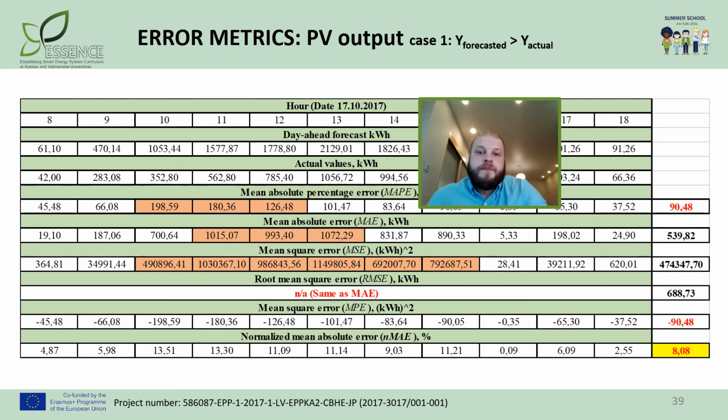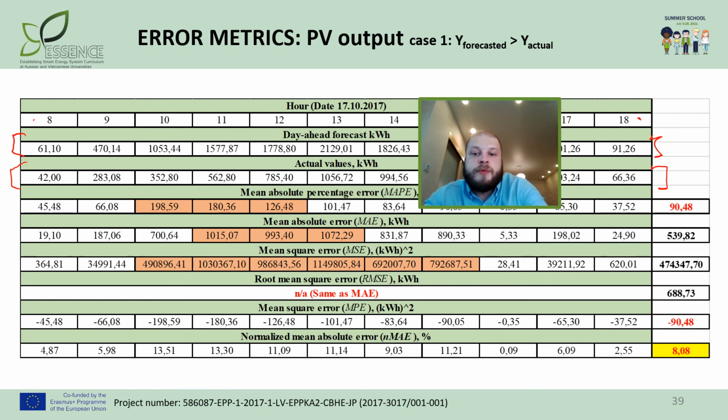Okay, so in the upper row, you may see the hours. So it's just the daytime starting from 8 till 18 o'clock. Then you have the day ahead forecast presented in kilowatt hours, and ground truth values, and here we have a very interesting outcome when calculating mean absolute percentage error.